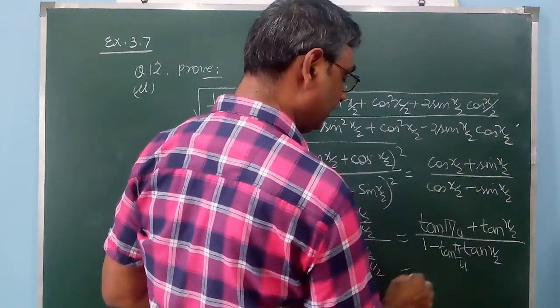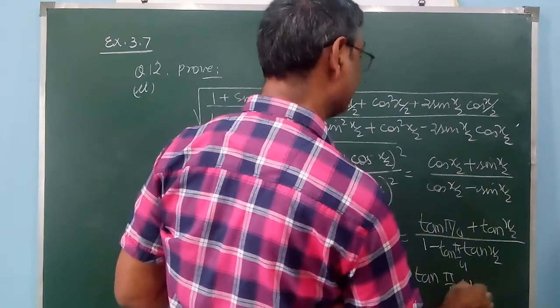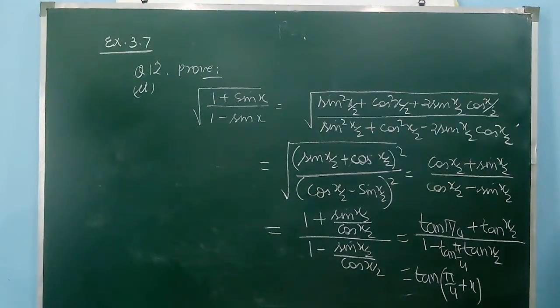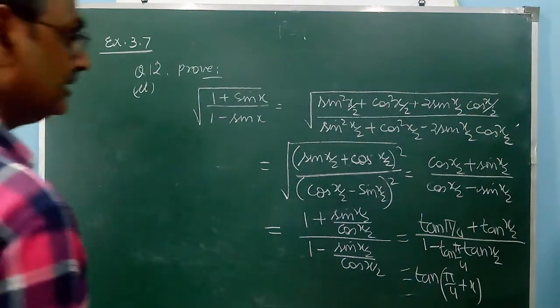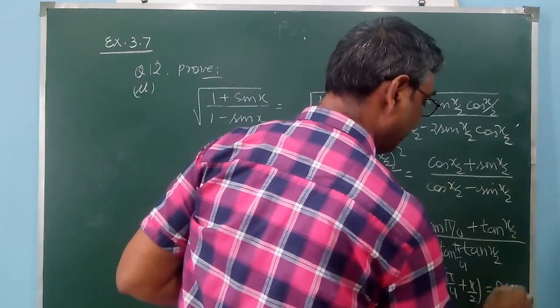So this gives you the formula tan of pi by 4 plus x by 2, and that is equal to RHS. That you have to prove.